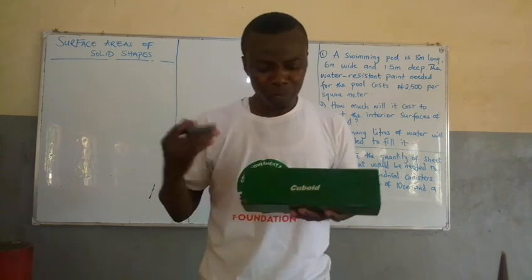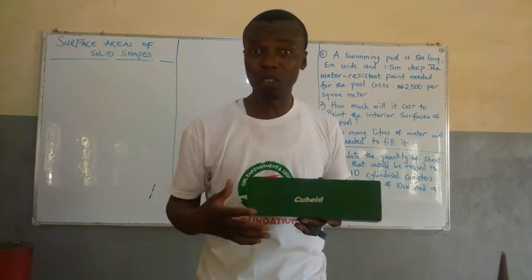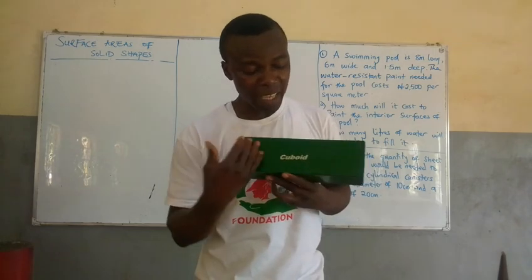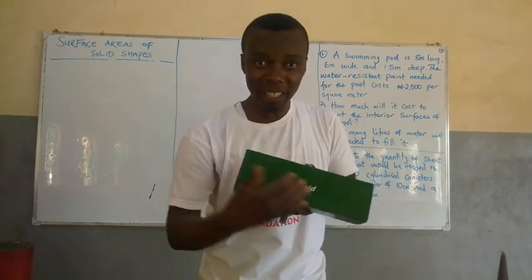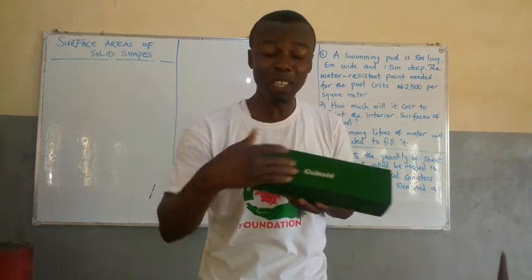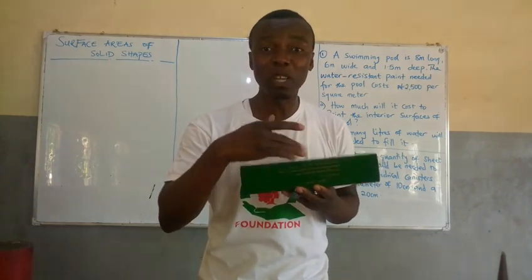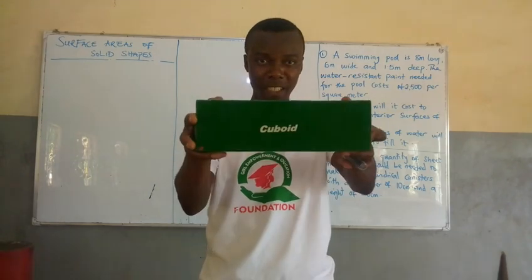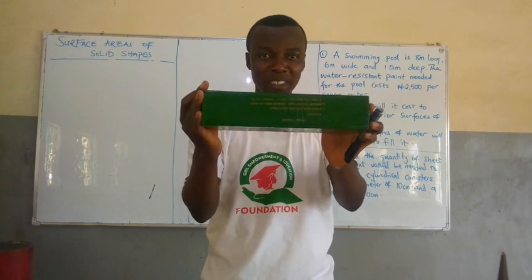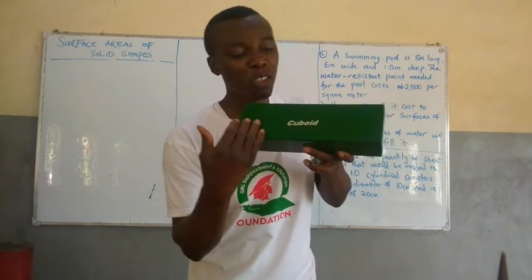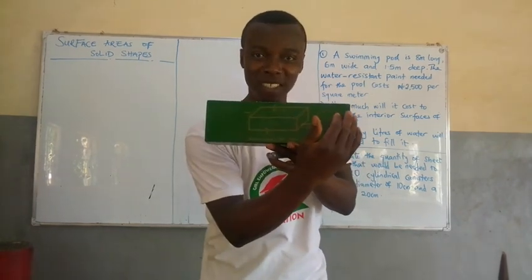Now, take a look at this. What makes it a cuboid is that all of the surfaces are rectangles. You will notice that this surface is not the same as this surface. Although this surface is a rectangle, and likewise this surface is a rectangle, they are not the same, because they don't have the same dimensions. But this surface is equal to this surface, of course.